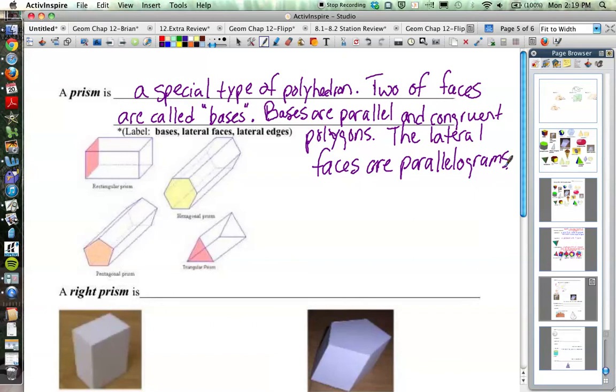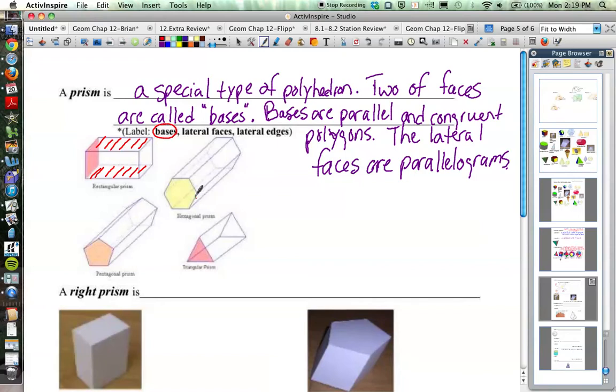So if you look at some of the pictures over on the side here, like the rectangular prism, we're naming the prism based on its base. So usually it's on the bottom, but not always. The two red items I am outlining are the base. So on all of these, I'm going to outline the base, or color in the base in red.